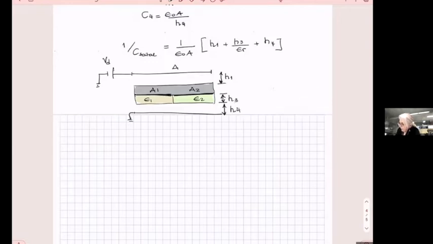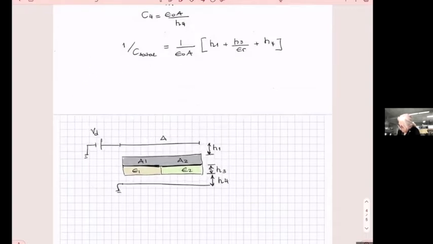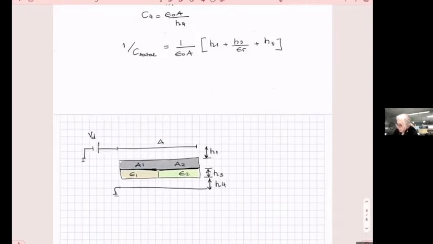And the equivalent to this circuit is going to be the capacitor here plus, there is 0 for the metal, then these two.